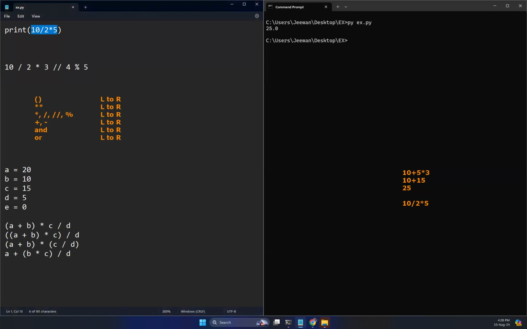Now in this given one, which one happens first? We have 10 divided by 2 into 3, floor division by 4, modulus 5.